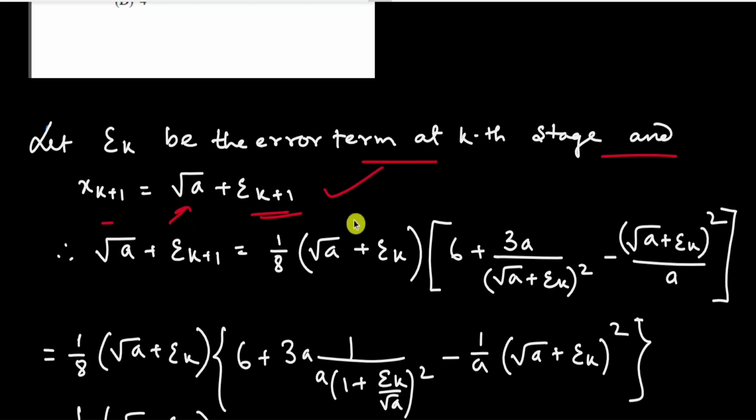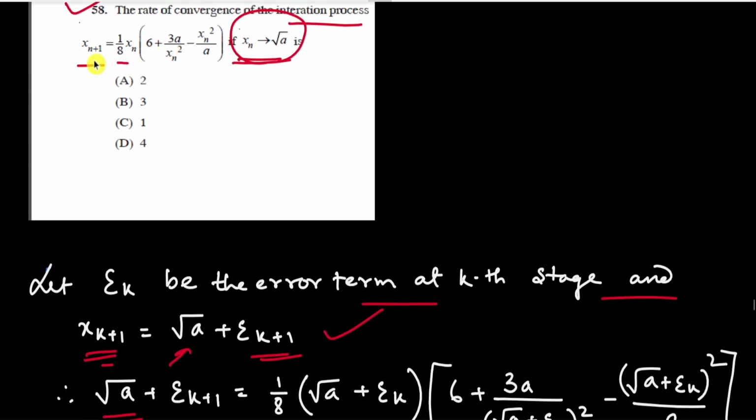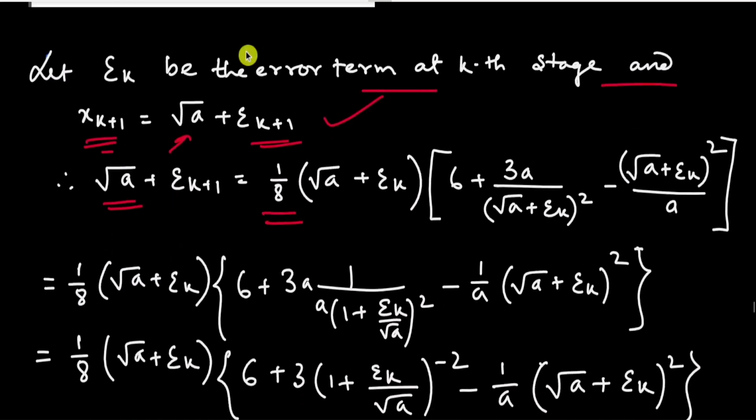Now let us write root a plus epsilon(k+1) equal to 1 by 8. Now put the value of x(k) into the iteration scheme, x(n+1) equal to this. So if we take x(k), then 1 by 8 into (root a plus epsilon k) into 6 plus, and we put in the value of x(k).